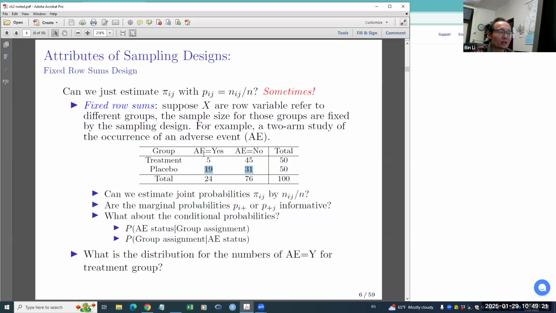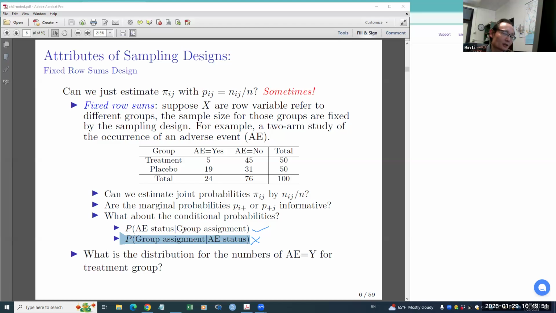Then to see the probability of getting the treatment among the AE is yes, no, we cannot get that. So this one we cannot get from this table, right? For this one, we cannot estimate from this, but we can estimate this. You see that? That's the fixed row cell.